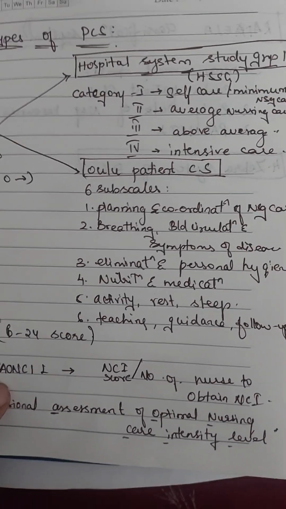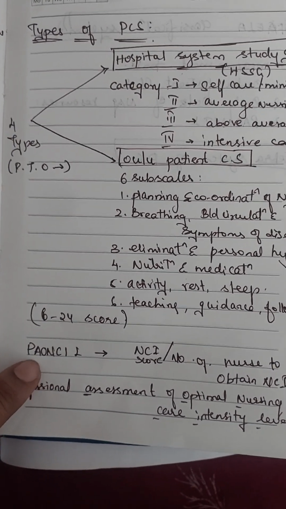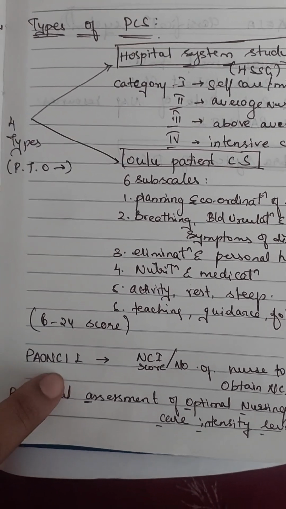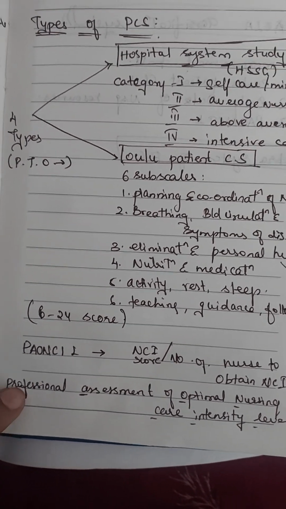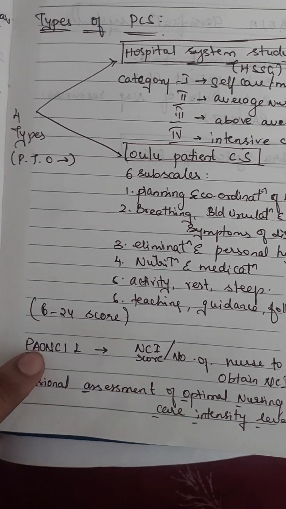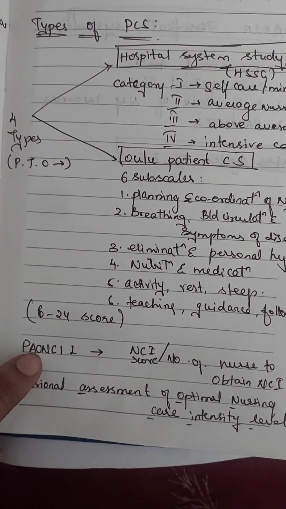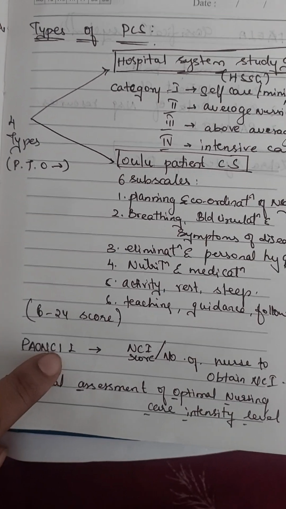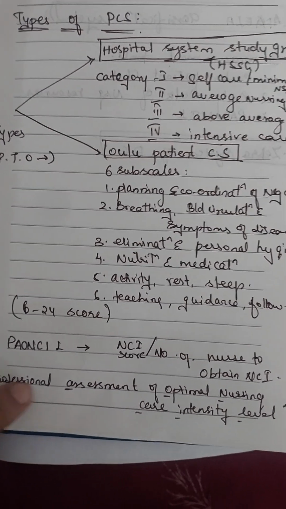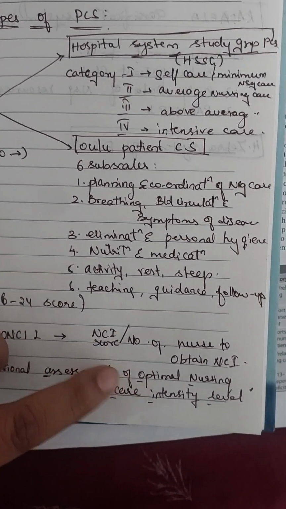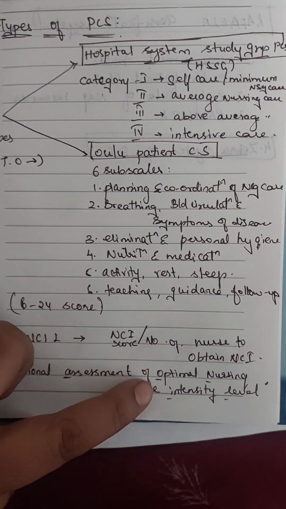Then the next score is PANCIL. P is professional, A is assessment, O is optimal, N is nursing, C is care, I is intensity, and L is level: professional assessment of optimal nursing care intensity level.